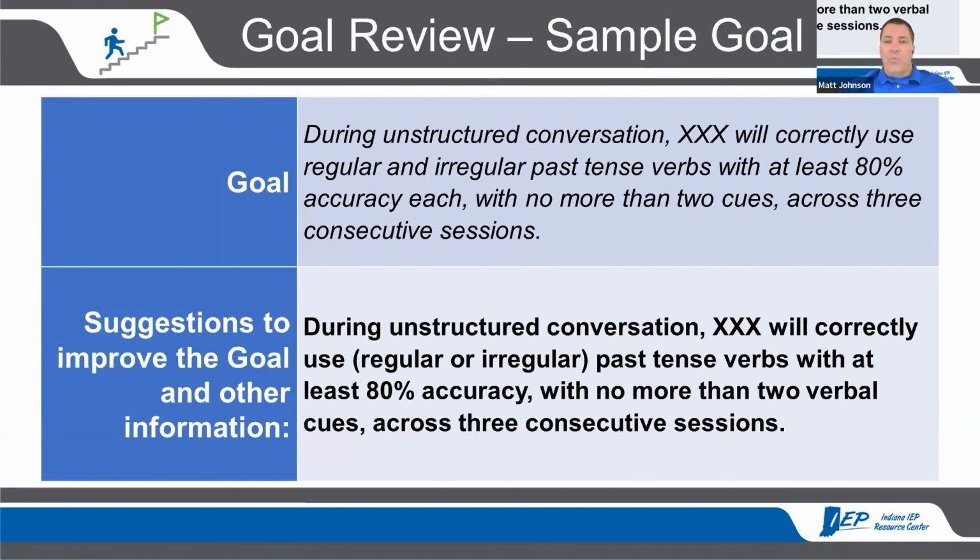And then with no more than 2 verbal cues across 3 consecutive sessions. So the 2 pieces that I put into this goal to make it better is to add a structure for when you expect to see this happen. And then I don't think there's anything other than regular or irregular past tense verbs, so let's just say that alone. And then I think we're in pretty good shape.